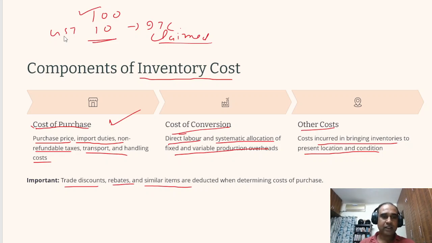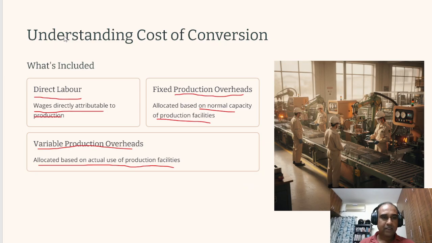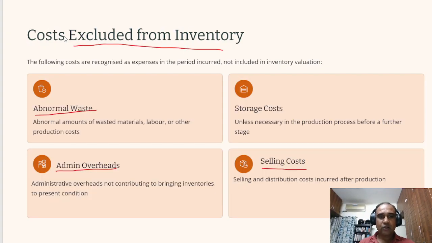That means the cost incurred to bring the inventory to the location and condition which makes it ready to use. Then we discussed what a conversion cost is. Conversion cost is direct labor, fixed production overhead, and variable production overhead. Costs which are excluded from inventory: abnormal waste, admin overhead, and selling cost.